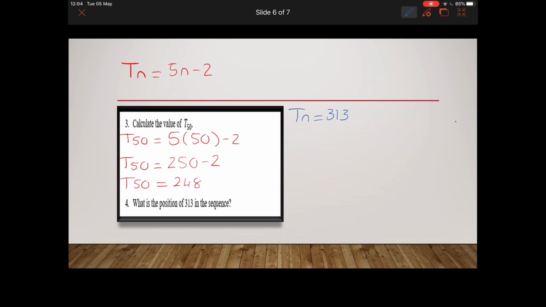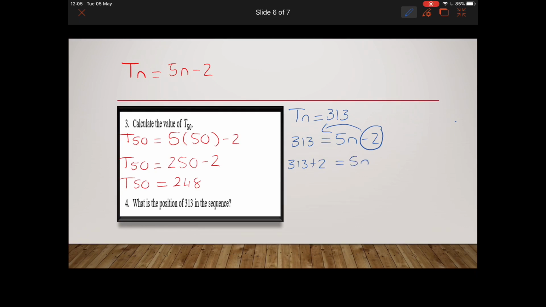So how we go about doing this is we substitute 313 into my formula of 5n minus 2, and now we're going to be solving for n. So now I'm going to move this 2 over. So it becomes 313 plus 2 equal to 5n.